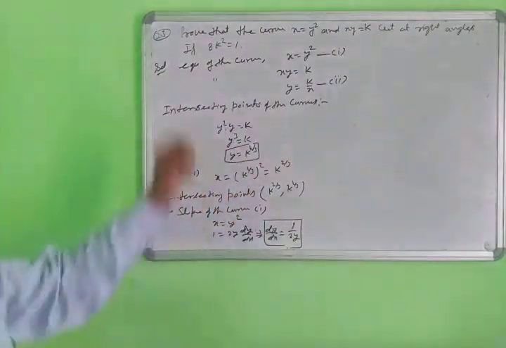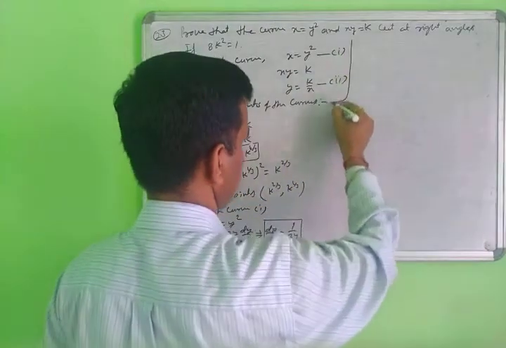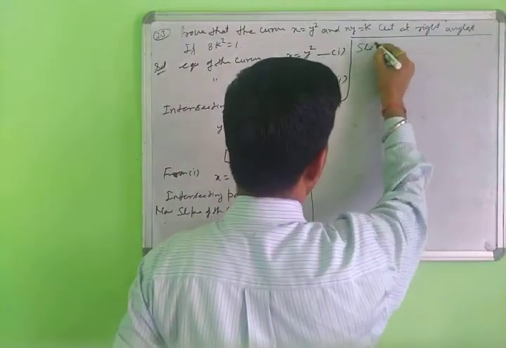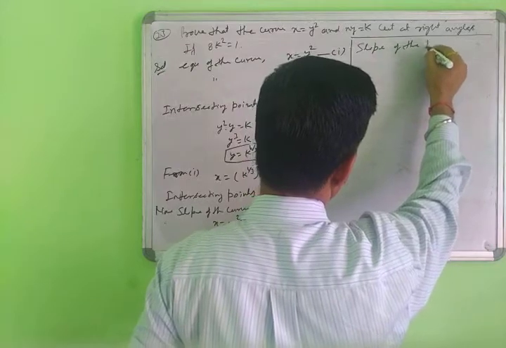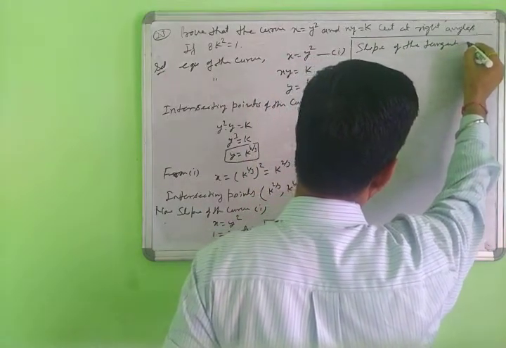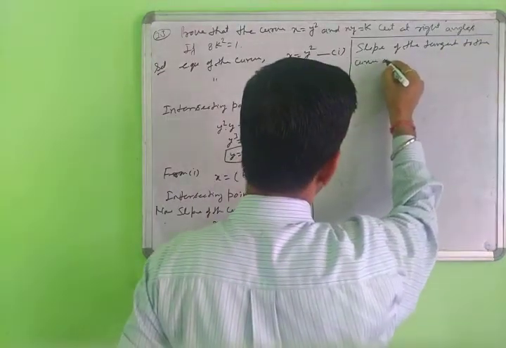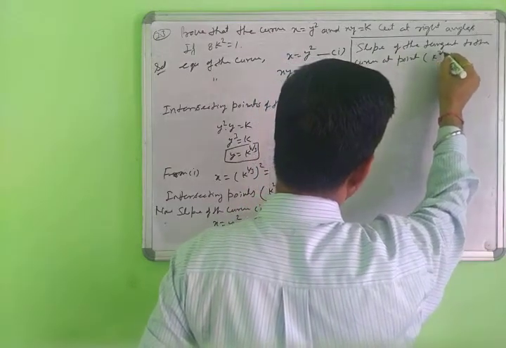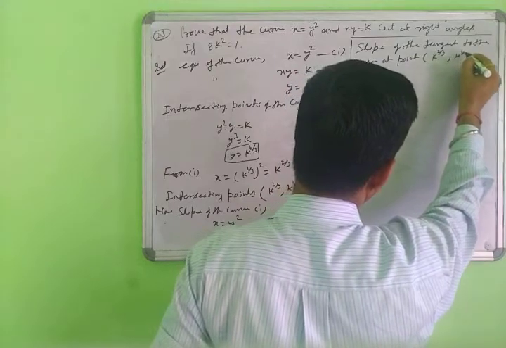This is the slope, now at the point. The slope of the tangent to the curve at the point (k^(2/3), k^(1/3)).